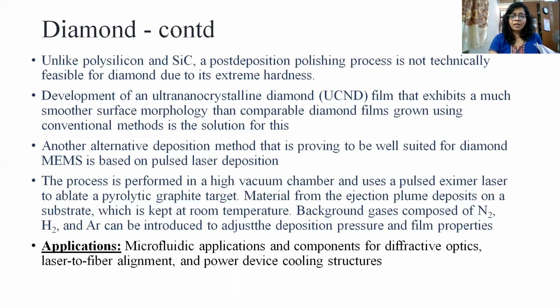The process is performed in a high vacuum chamber and uses a pulsed excimer laser to ablate a graphite target; the material from the ejected plume is deposited on the substrate, which is kept at room temperature. A background gas composed of nitrogen, hydrogen, and argon can be introduced to adjust the deposition pressure and film properties. Applications of diamond in MEMS are microfluid applications, components of diffractive optics, laser to fiber alignment, and power device cooling structures.